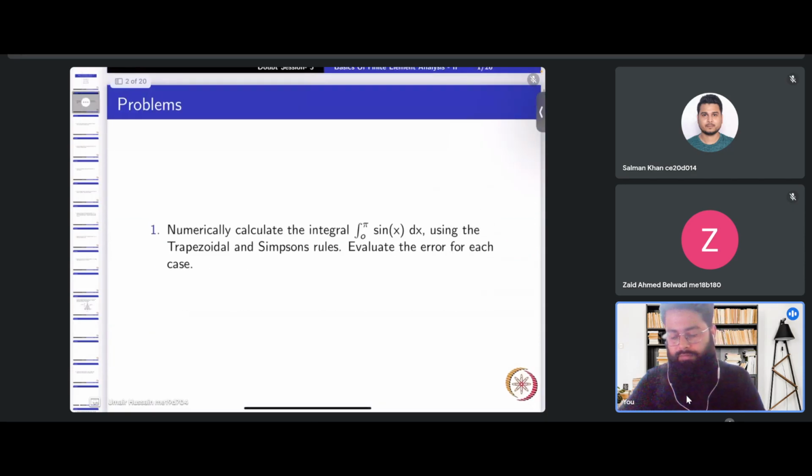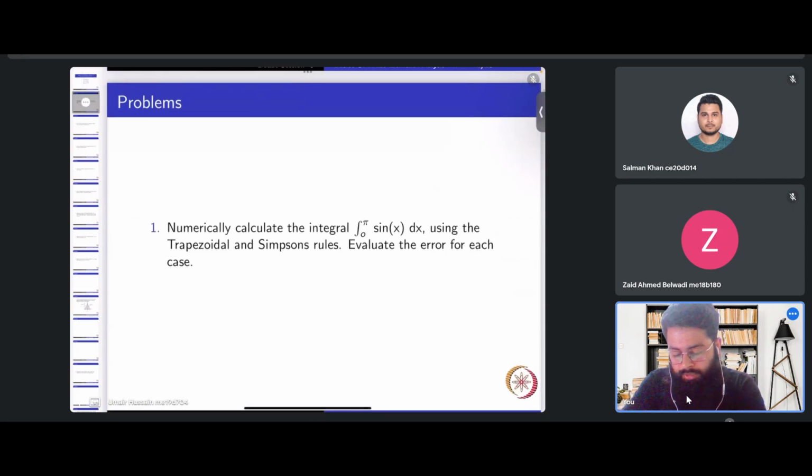Okay, so we start with the first problem. Numerically calculate the integral 0 to pi sine x dx using the trapezoidal and Simpson's rules. Evaluate the error for each case. So we have a simple integral given here.